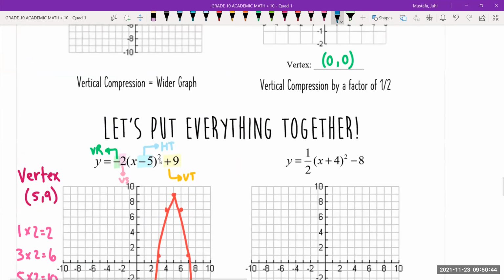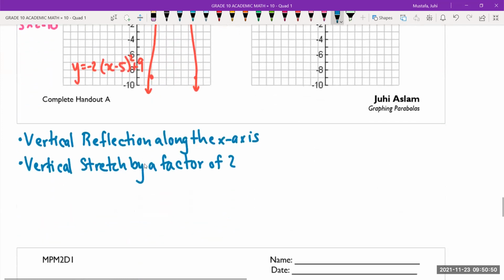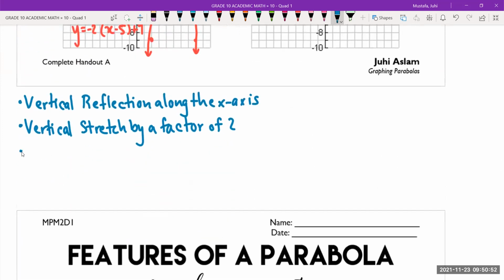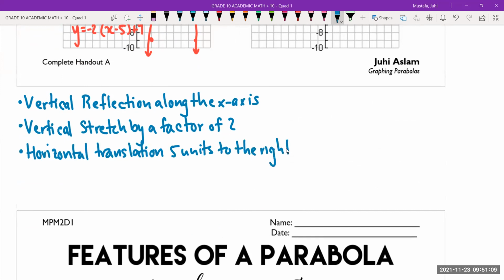Okay, how would I describe the negative 5 inside of the bracket? Hershey? Perfect. Horizontal translation, 5 units to the right.